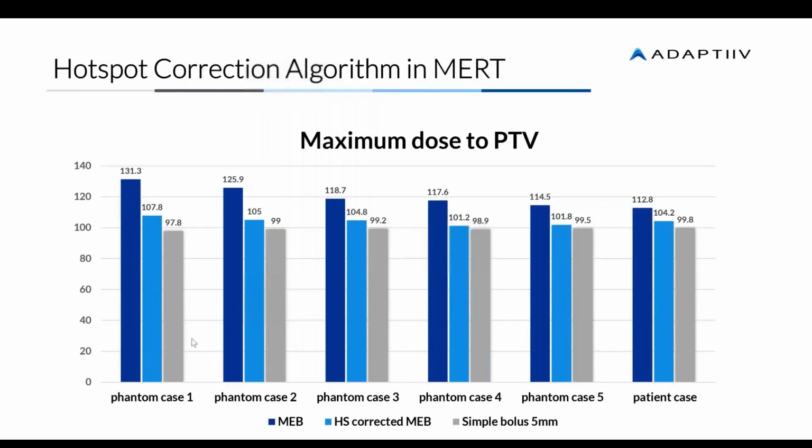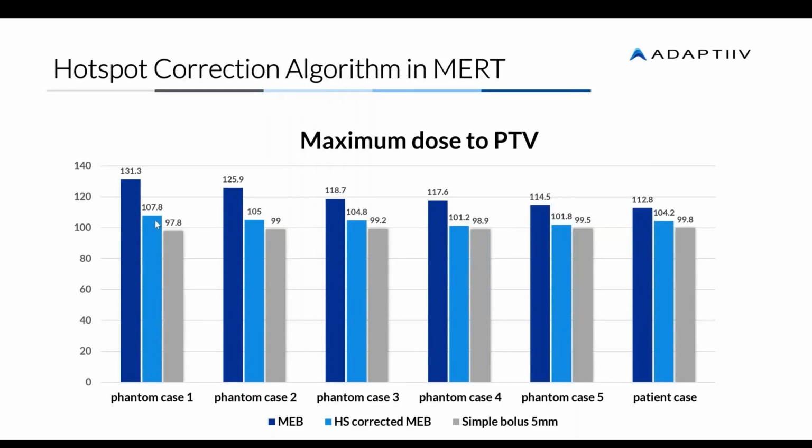We see that with respect to the initial simple bolus plan, the maximum dose to the PTV gets much higher after the first iteration in these 6 cases. But by using our hotspot correction algorithm, which is iteration number 2 in our software, we can alleviate those hotspots and bring them down to the clinically acceptable level.